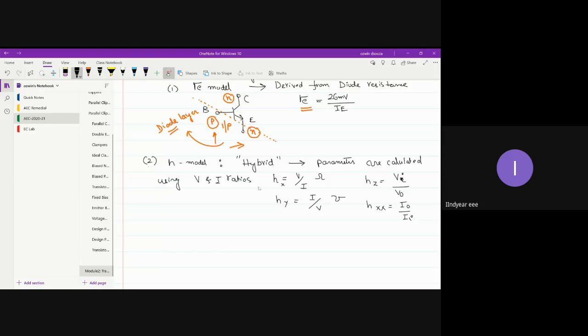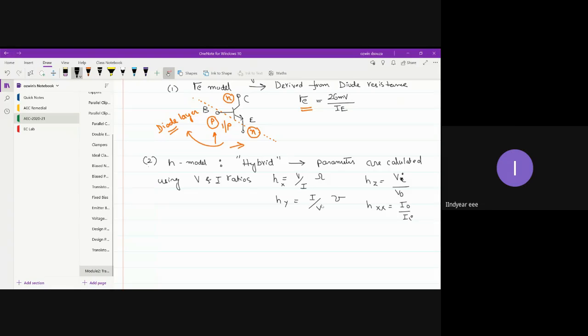So basically in your h model, you observe different types of parameters. Some may have units, some may not have units. Some are derived by taking the voltage to current ratio, some by taking the current to voltage ratio. So here you are getting a wide variety of signal variables. There are some voltage signals, there are some current signals.